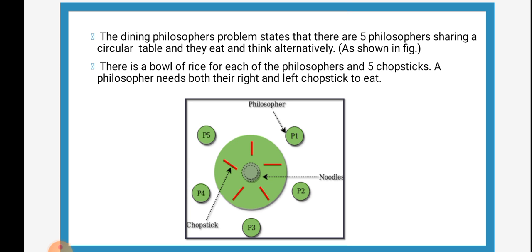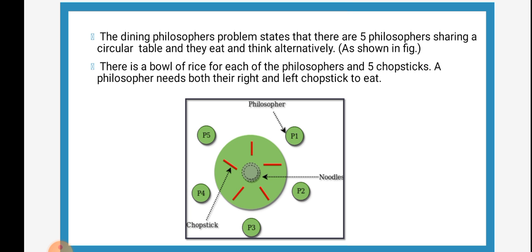So what is the problem in the dining philosophers problem? How are they going to eat here? 5 philosophers are there and only 5 chopsticks have been kept, left and right, adjacent to them. A philosopher needs both the right and left chopstick to eat.